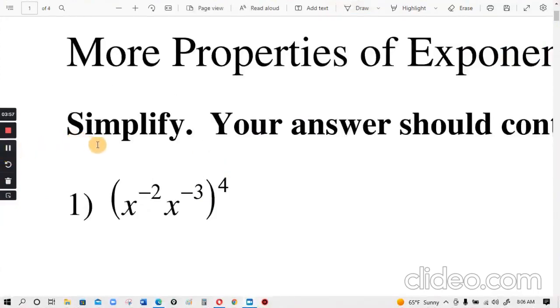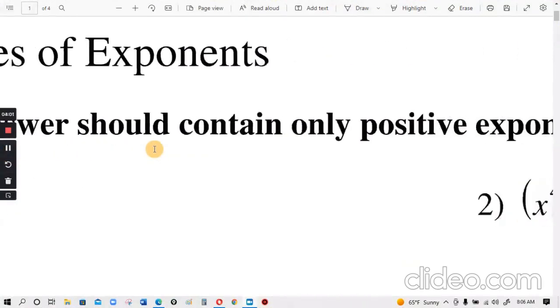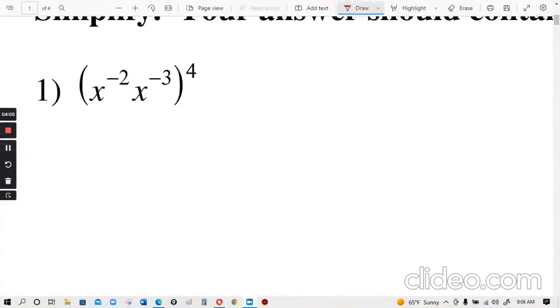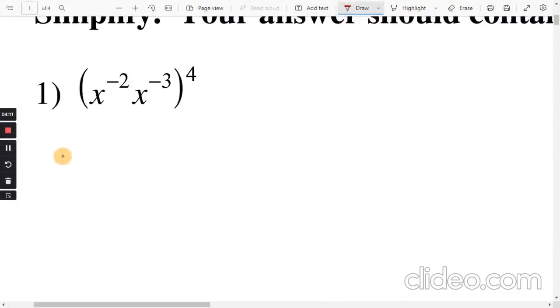The instructions say to simplify, and your answer should contain only positive exponents. All right, let's look at number 1. We have two numbers multiplied by each other. We said before, since the two x's match, we keep the x, and then we just add the exponents.